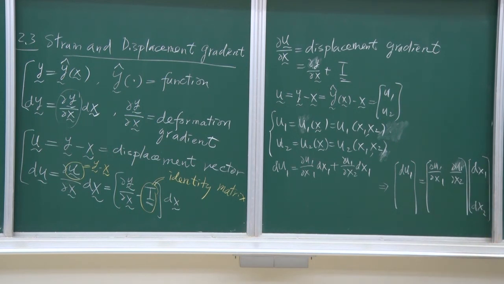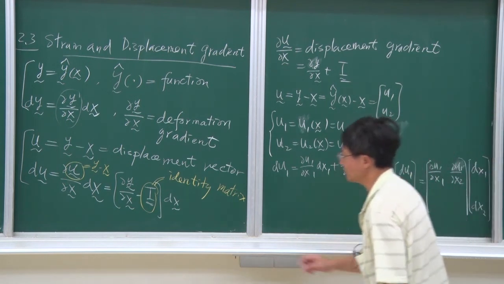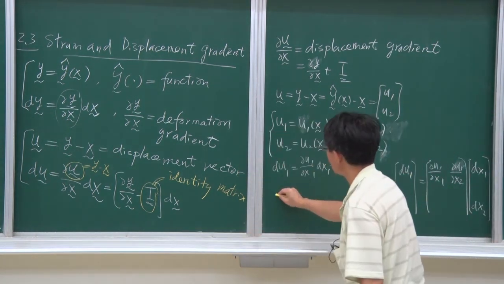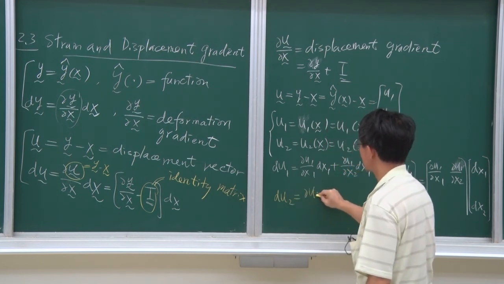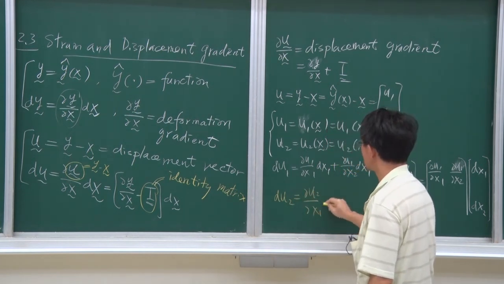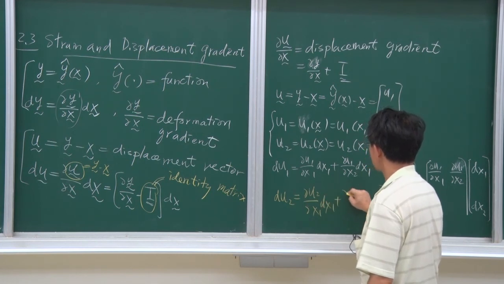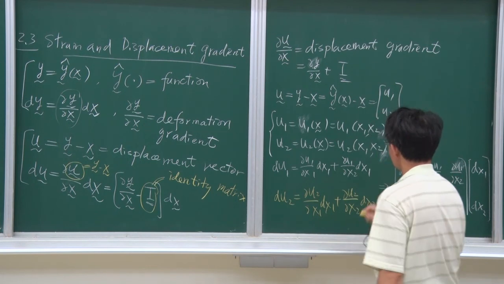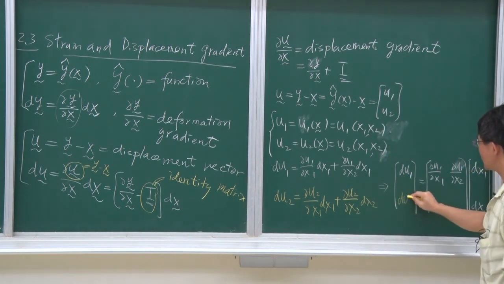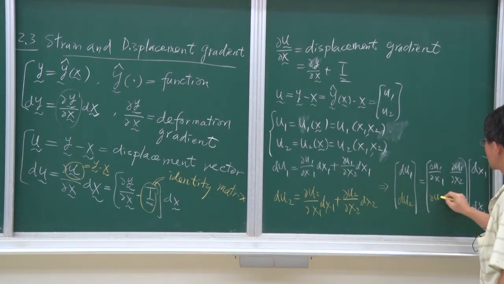Because this one times this one plus this one times this one gives us this relation. In the same way, we can have du2, and we can write it like this.